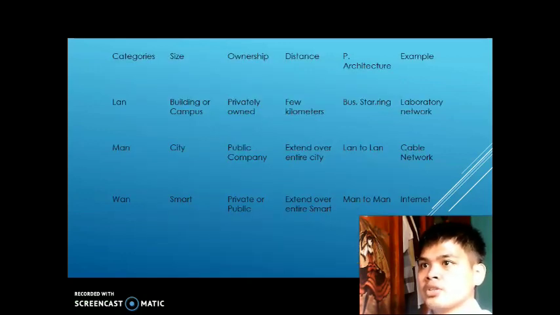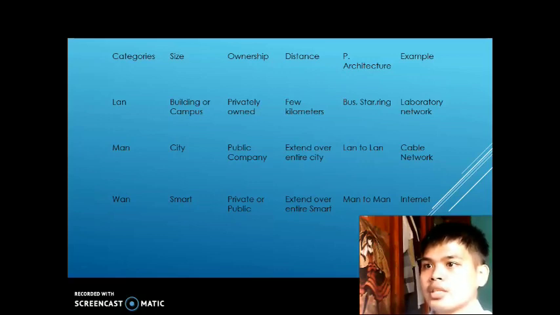Next, categories: size, ownership, distance, and architecture. LAN: size is a building or campus; ownership is privately owned; distance is a few kilometers; architecture is bus or star.